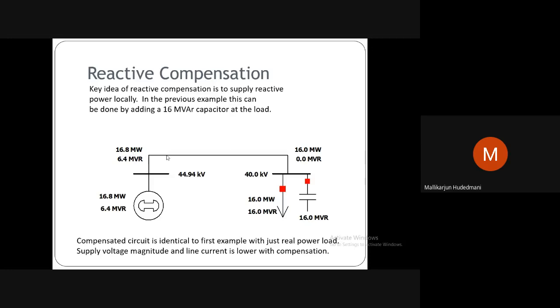Then 0.8 megawatt is the loss occurring in the system. Then 6.4 megavolt ampere is pumped as reactive power. That is for the reactiveness of the system itself, because the load which is absorbing 16 MVAR is locally compensated by a capacitor.